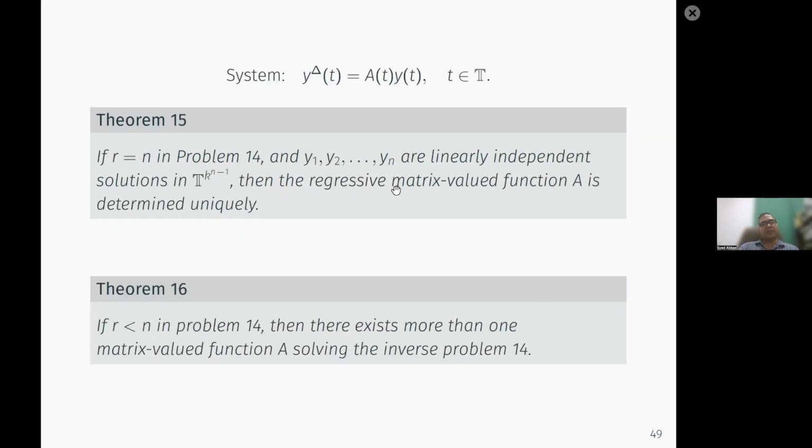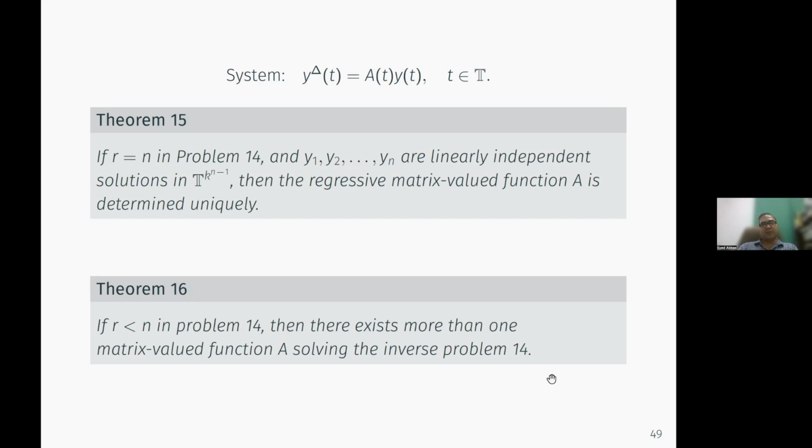And this system is given by this. Now, if r is n, and given y1, y2, ..., yn are linearly independent solutions, then the matrix valued function A is determined uniquely. If r is less than n, then there exists more than one matrix valued function A solving the inverse problem 14, which was defined previously.